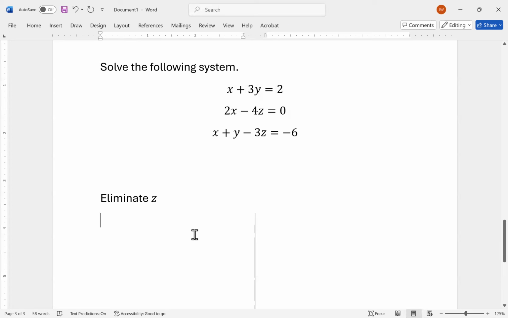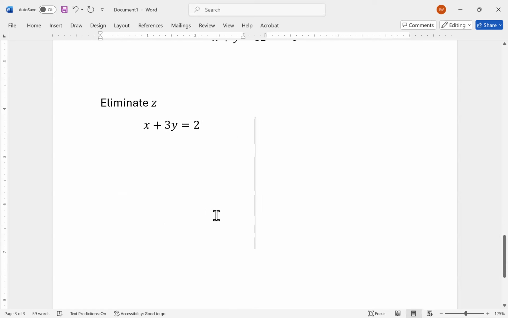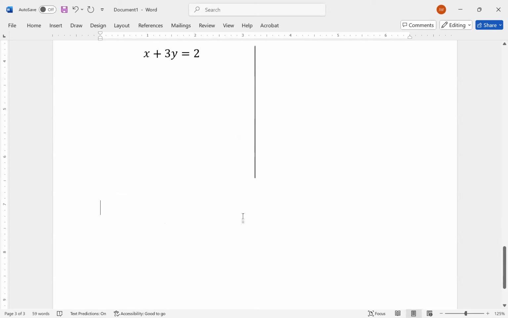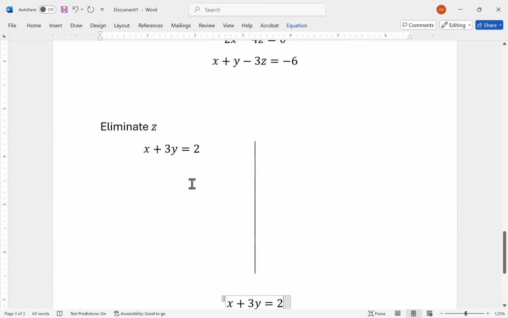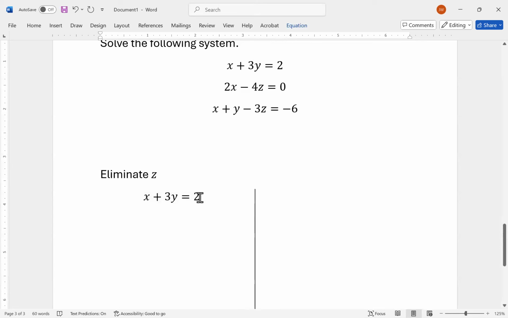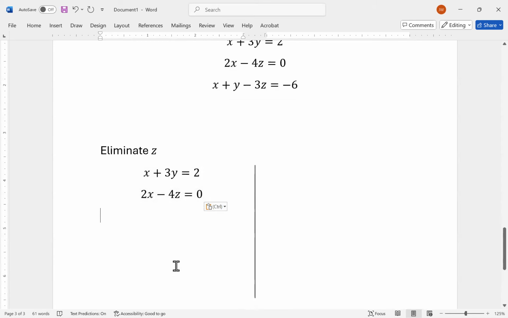If I want, I can just take that x plus 3y equals 2 and use it as one of my final equations in my system of two linear equations with two variables, since z is already eliminated there. You could also think of this as eliminating the z using the same trick as we always do.